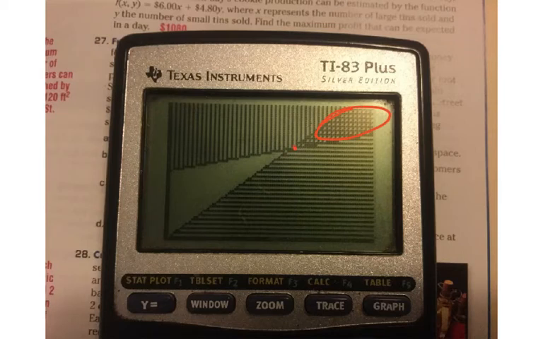And then there's some point of intersection that I'm not sure what it is yet, but I can find it by using second trace 5, enter, enter, enter, and it'll tell me the point of intersection is at 1200, 2040. That's the break-even point. I need to sell 1,200 cards, and when I make $2,040, I will have made as much money as I've had to dish out to start this company.